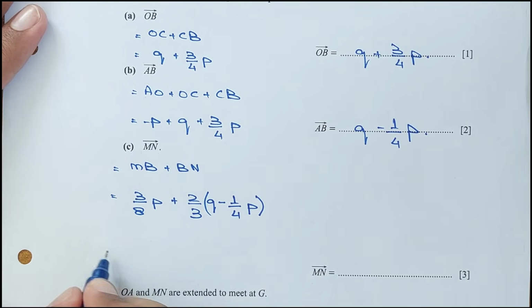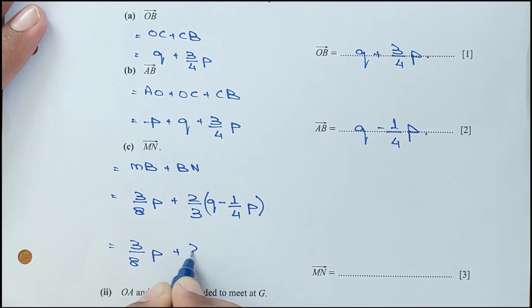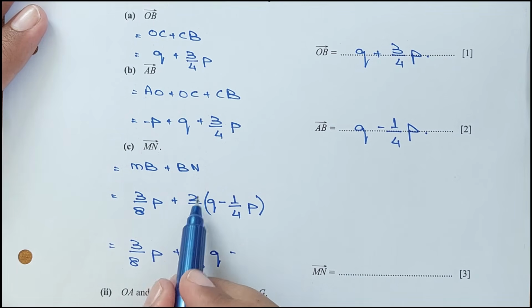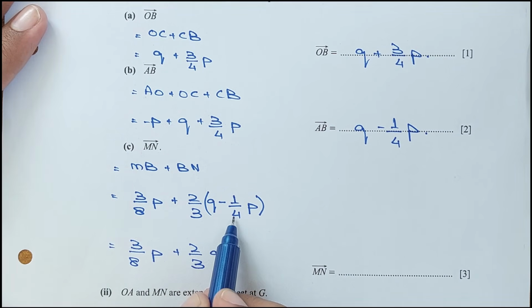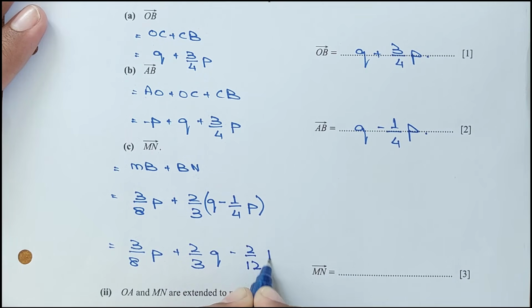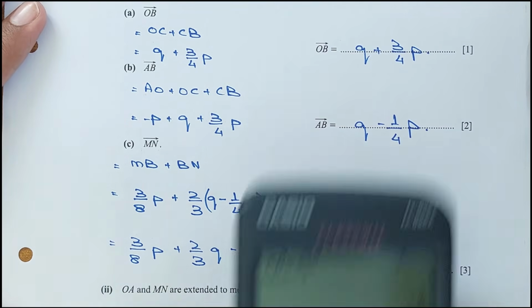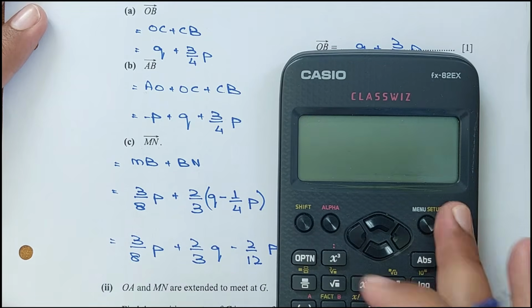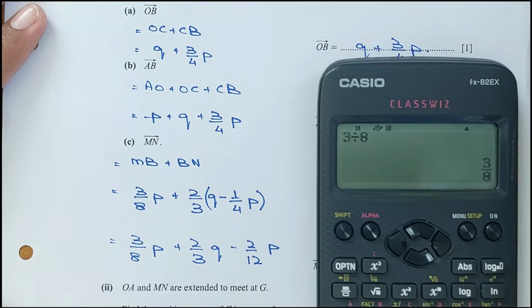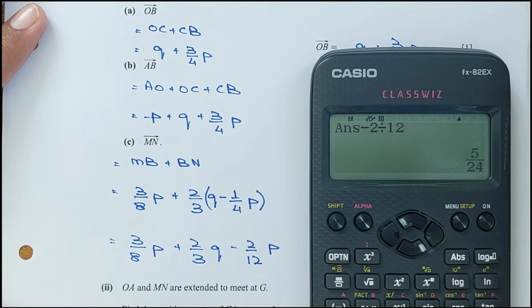Right, let me open this. 3 by 8 P, 2 by 3 Q minus 2 times 1 is 2, 2 times 4 is 8, or we can say 2 by 12 of P, 3 times 4 is 12.